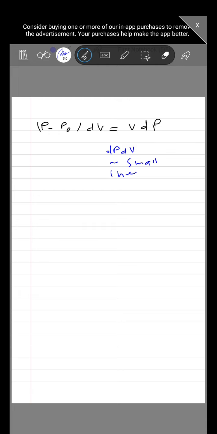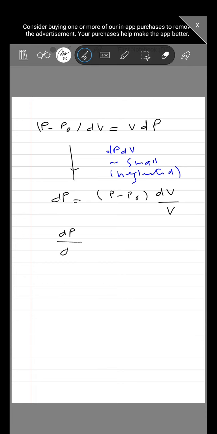So further, we can write dP as equal to (P minus P0) dV by V, or dP by dt as equal to (P minus P0) by V into dV by dt.